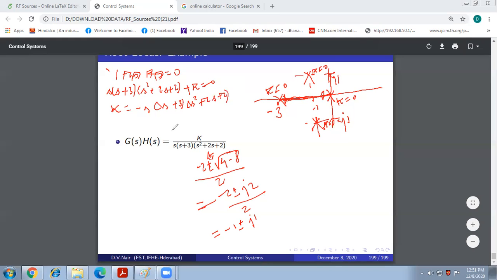Now you can open the brackets here, and get an expanded, polynomial form. It will come out to be something like this.